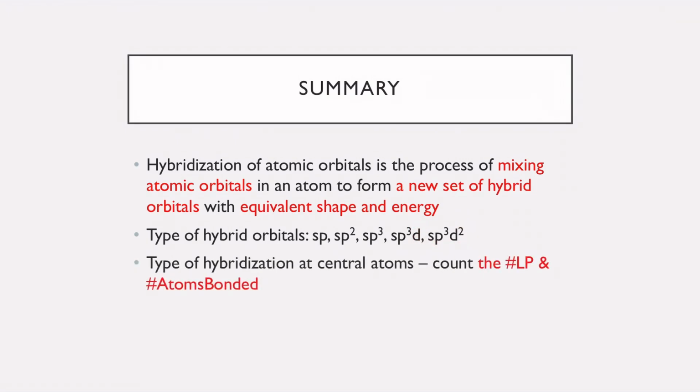Another thing that we covered is predicting the type of hybridization at your central atom. How do you predict? You will have to count the number of lone pairs and the number of atoms bonded, or I like to say the number of sigma bonds.